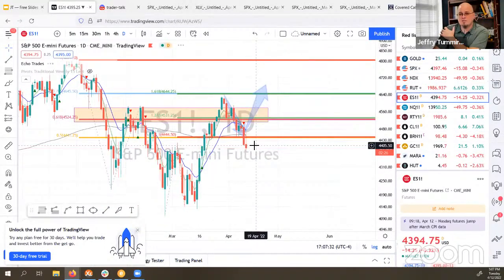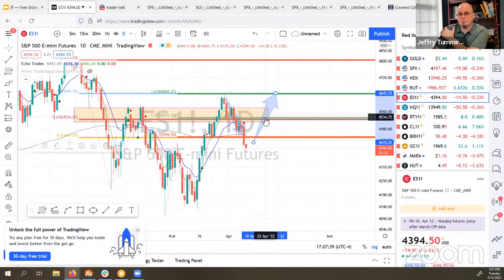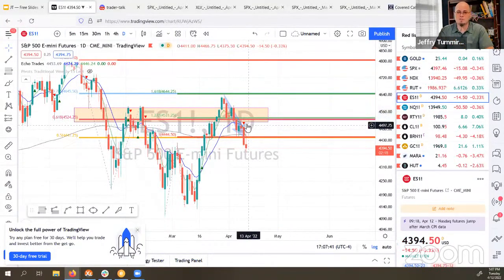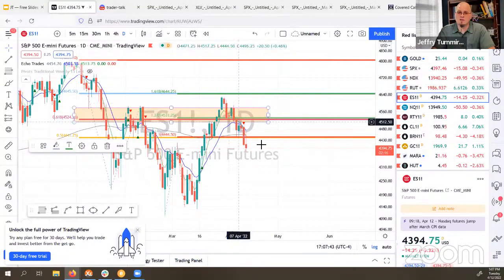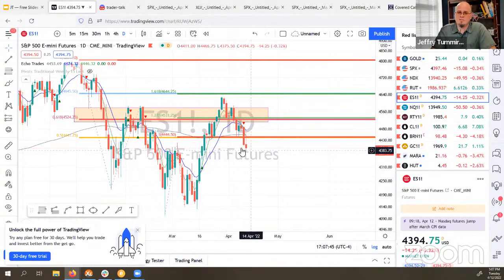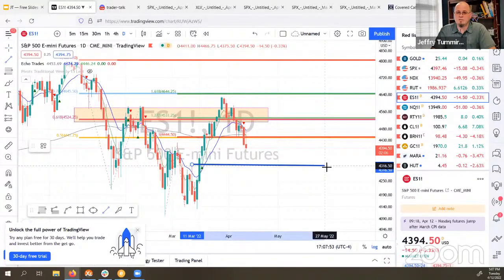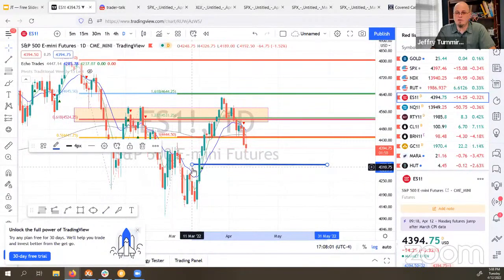Now, ES looking a little different. We actually got below the 144 EMA on the daily, and we didn't quite bounce off the 144 EMA. So it kind of tilts the wheels, if you will, to possibly retracing lower. Now, the line in the sand right now is right here. If we break through this level, 43.20, that's the high we made right here in March.